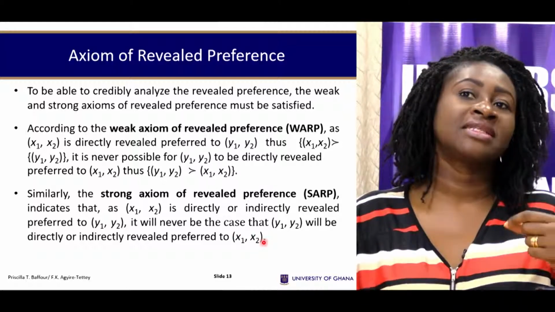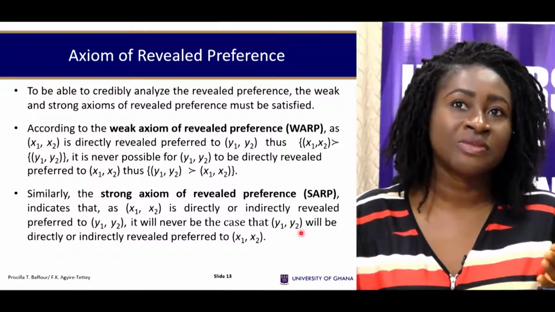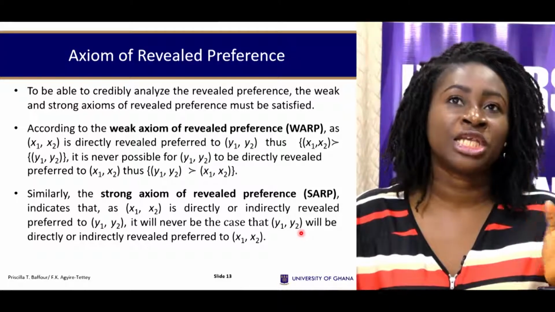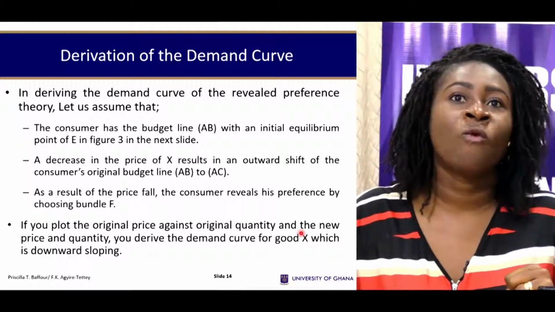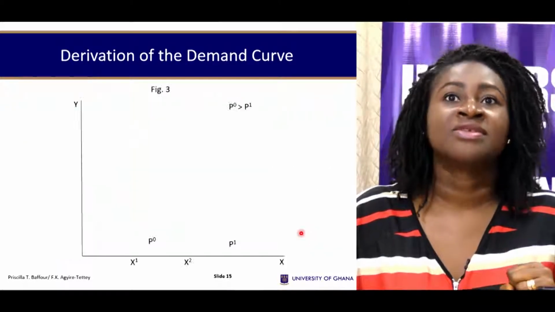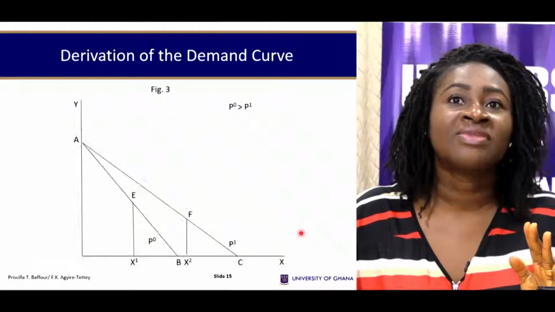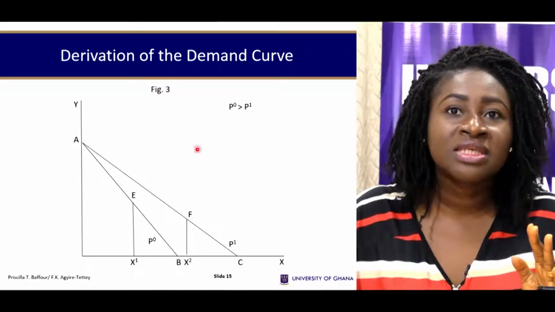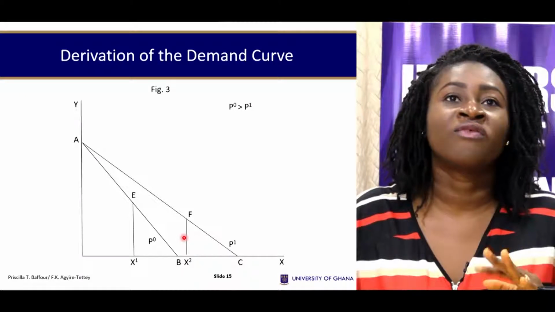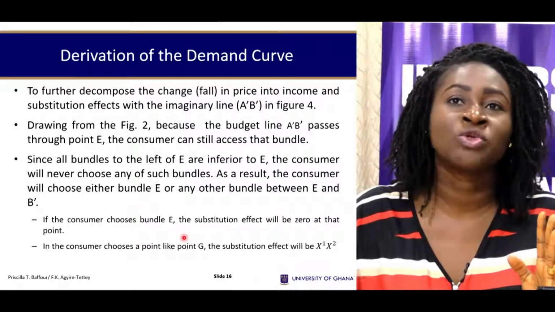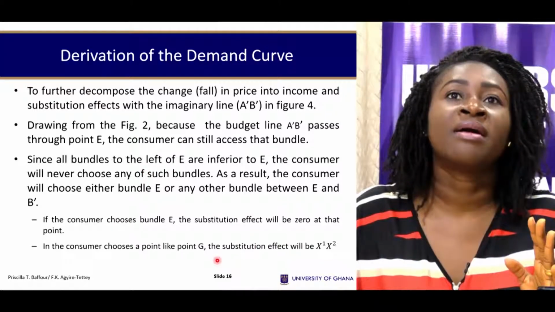Here we are stating the condition more strongly, indicating that under no circumstance would the consumer change his or her mind in revealing a preference for one over the other. From the explanations I have given, this diagram puts it in perspective, where we are looking at combinations of X1 and X2 and how the consumer figures out the optimal bundle.